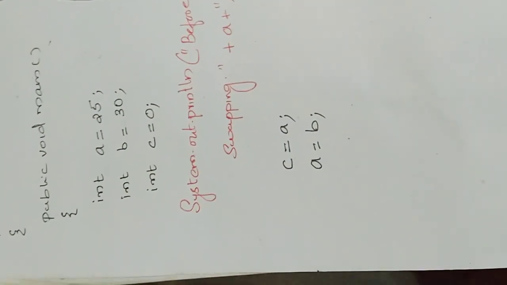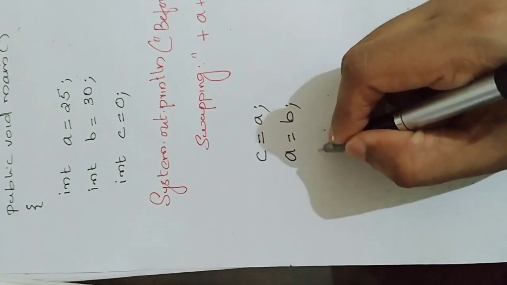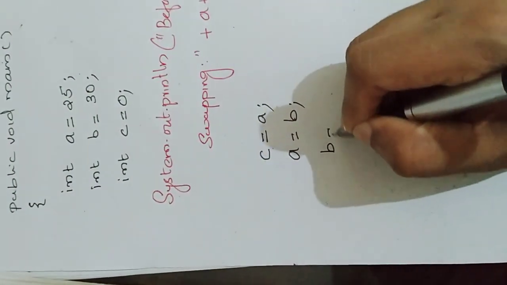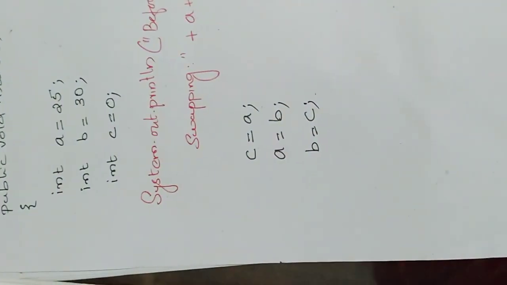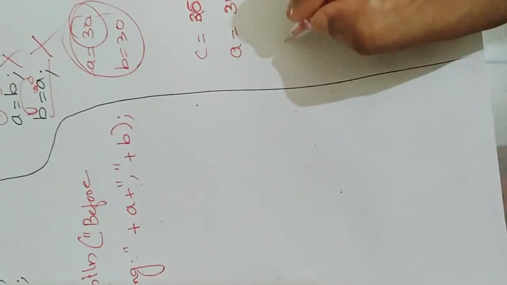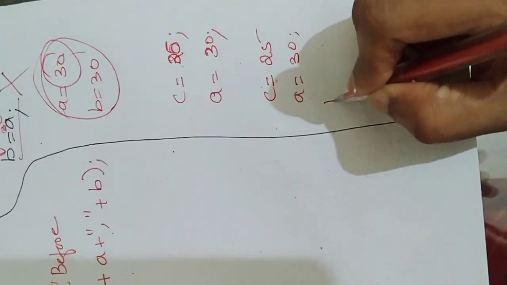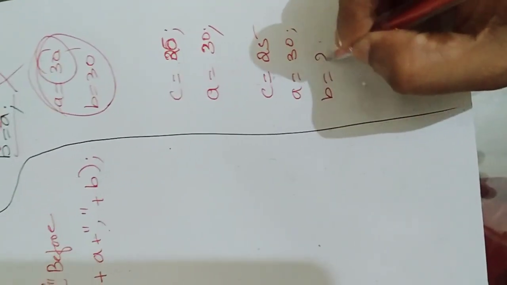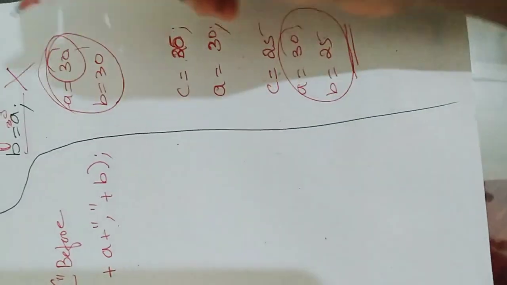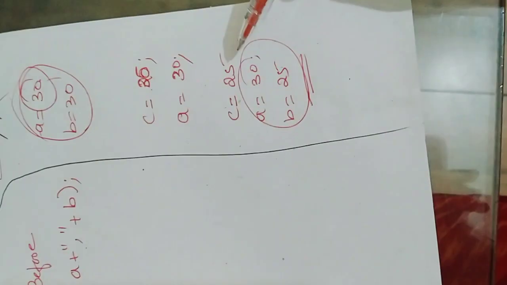Now B is equal to C. So C is 25, that is A's original value, A is replaced with B's value, and B is replaced with C's value, that is 25. See, first the values of A and B are 25 and 30. After swapping, the values are 30 and 25.